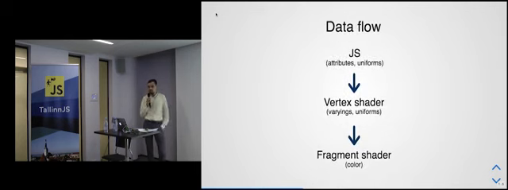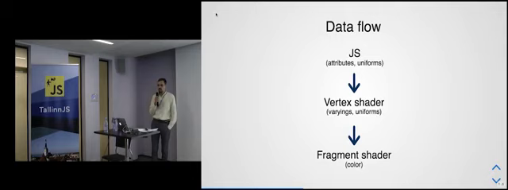Here is the usual data flow that is used with WebGL. We should provide attributes and constants, also called uniforms, to our vertex shader. It's a special program written in GLSL language.